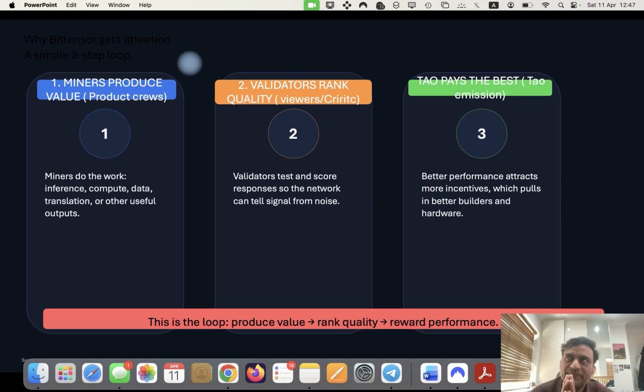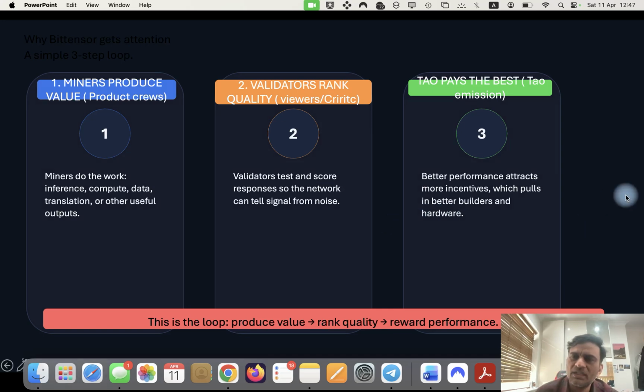If a subnet has a great fundamental, a great use case, and is actually being used, the tau emissions will be largely given to that subnet. So how much emission a subnet gets effectively means how attractive and useful that subnet is. I hope that gave you a good understanding of miners, validators, etc.